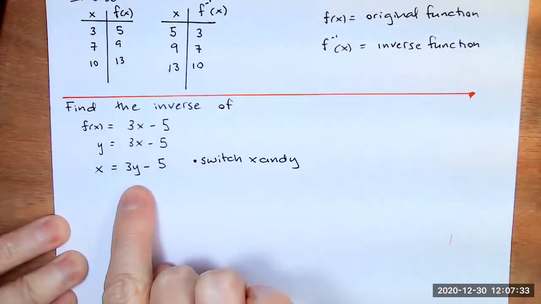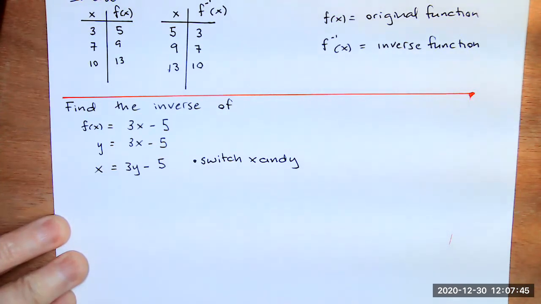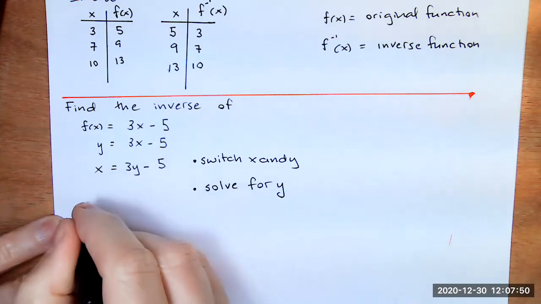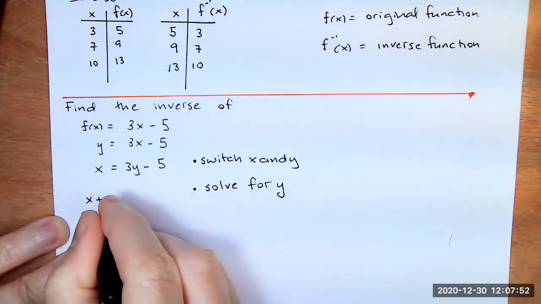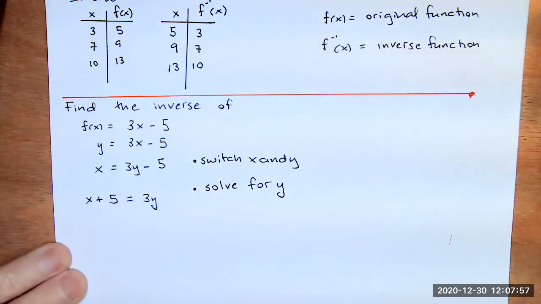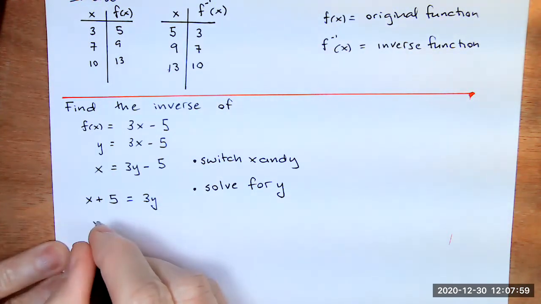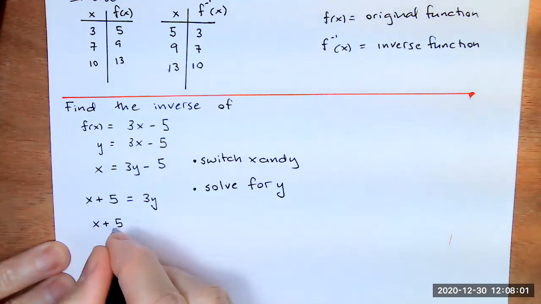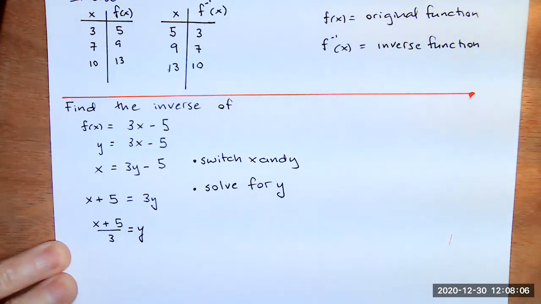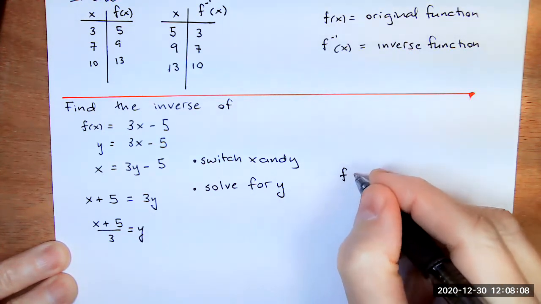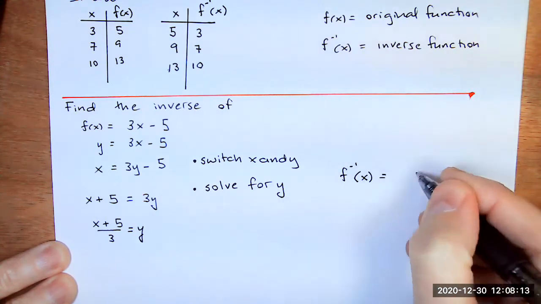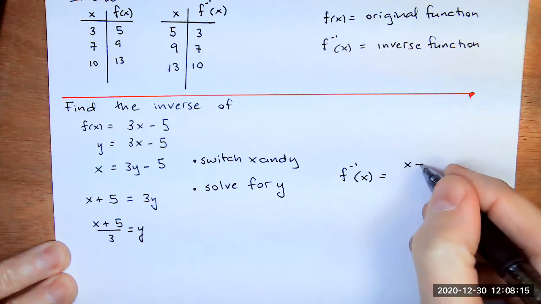And then simply solve for y. So we add 5 to both sides. Divide both sides by 3. And that's our inverse function. So you'd say f inverse is x plus 5 over 3.